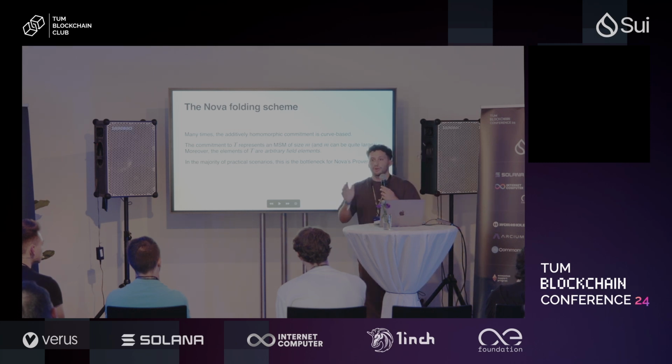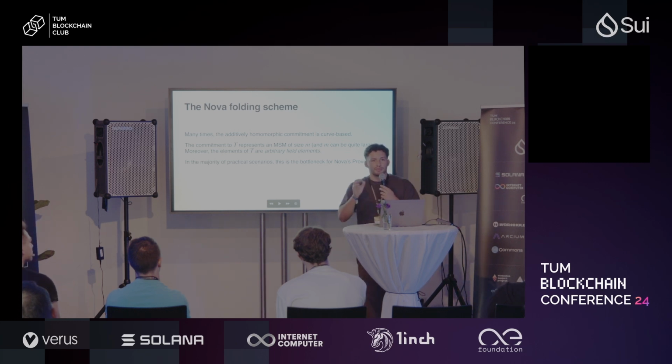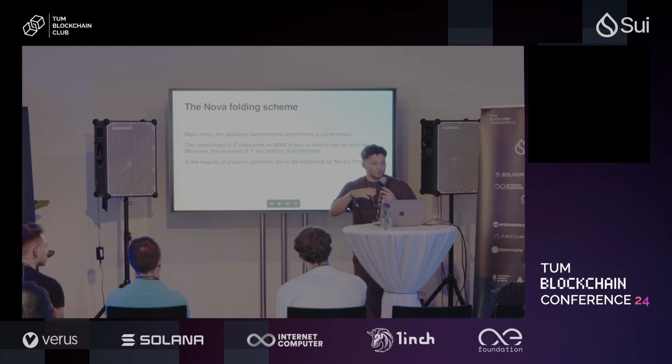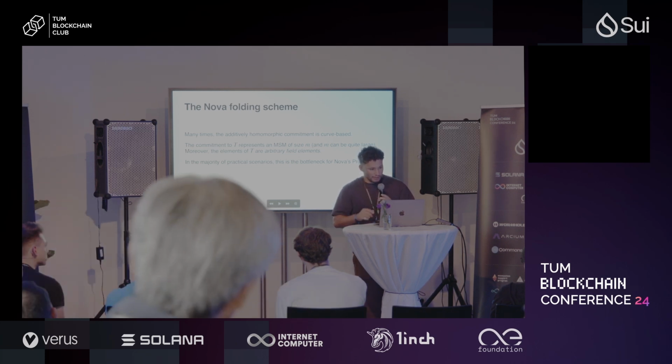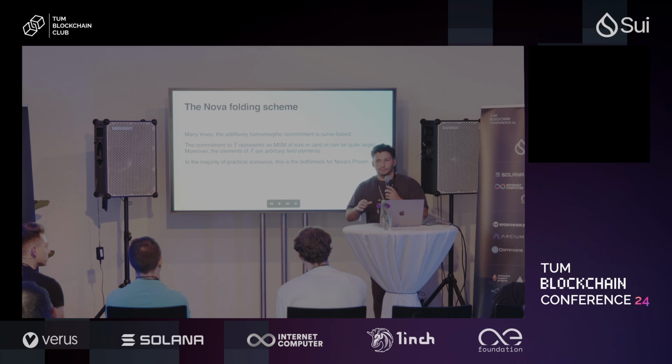They can be arbitrary field elements because you're taking arbitrary linear combinations. If you've read the Lasso paper, you know that they made a really critical point about the fact that when you have arbitrarily sized field elements, committing to them using some sort of exponentiation can be very, very expensive. So in the majority of practical scenarios, this is actually the bottleneck for Nova.